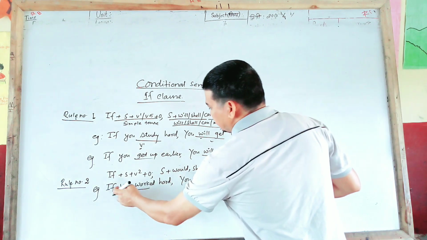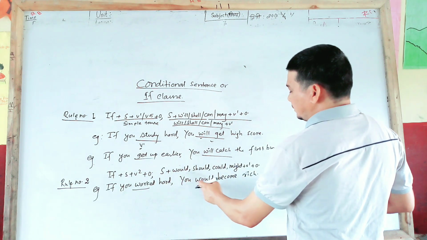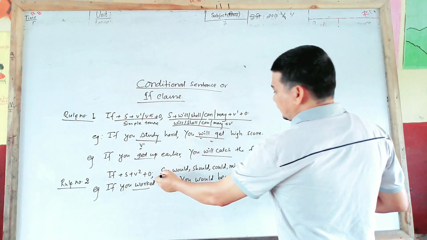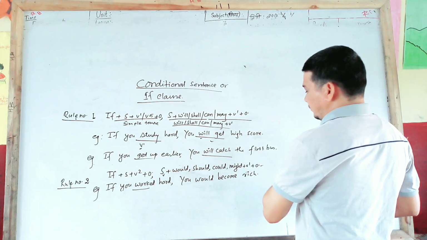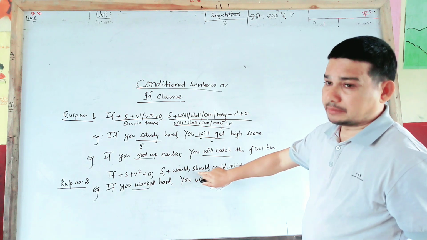So subject plus v2 plus object, here subject plus would plus v1 plus object. So you find here the same as given above.